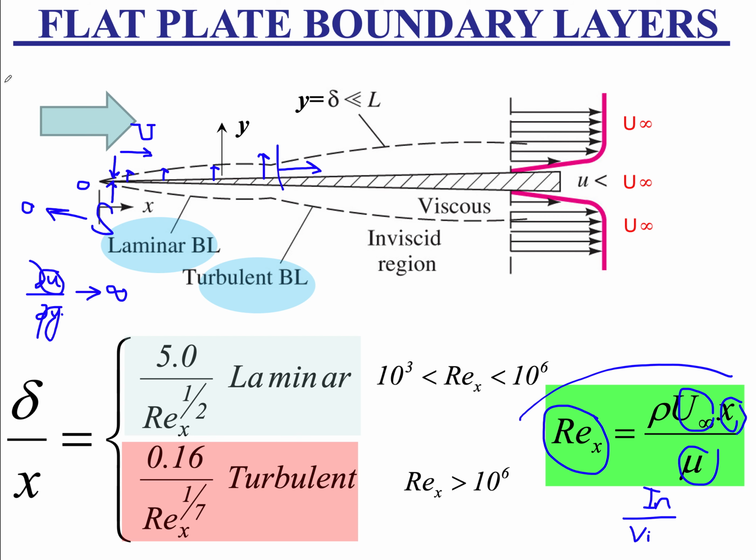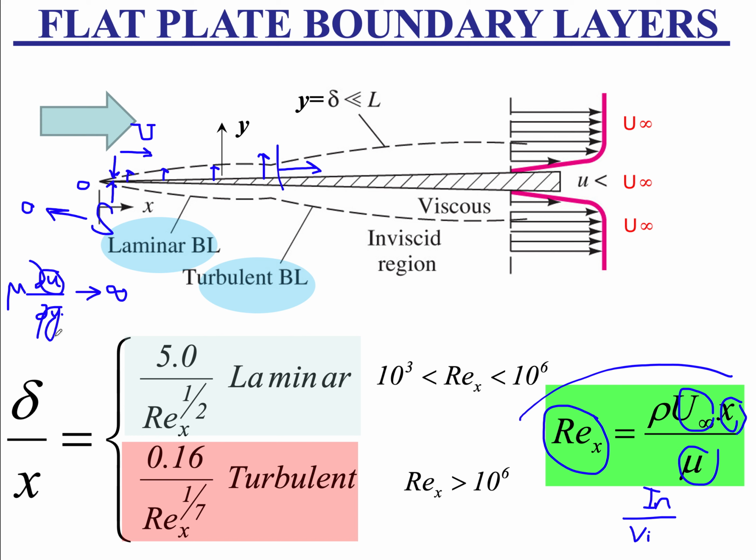Now we said that to get my shear stress, mu du dy, I need the strain rate, and the strain rate scales with u infinity divided by y, which is my delta.